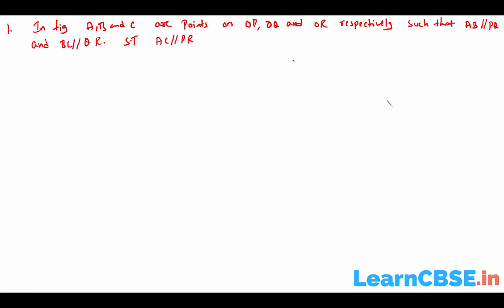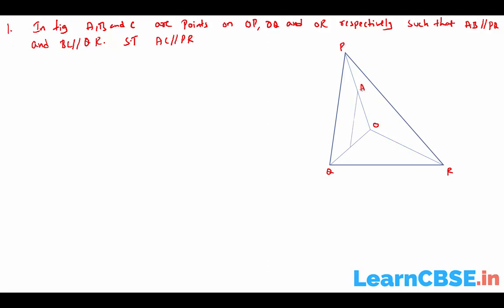Let me get the figure first. PQR is a triangle. O is the intersection of PO, OQ and OR. Now A is the point on PO, B is the point on OQ, C is the point on OR. BC is parallel to QR, and AB is parallel to PQ.